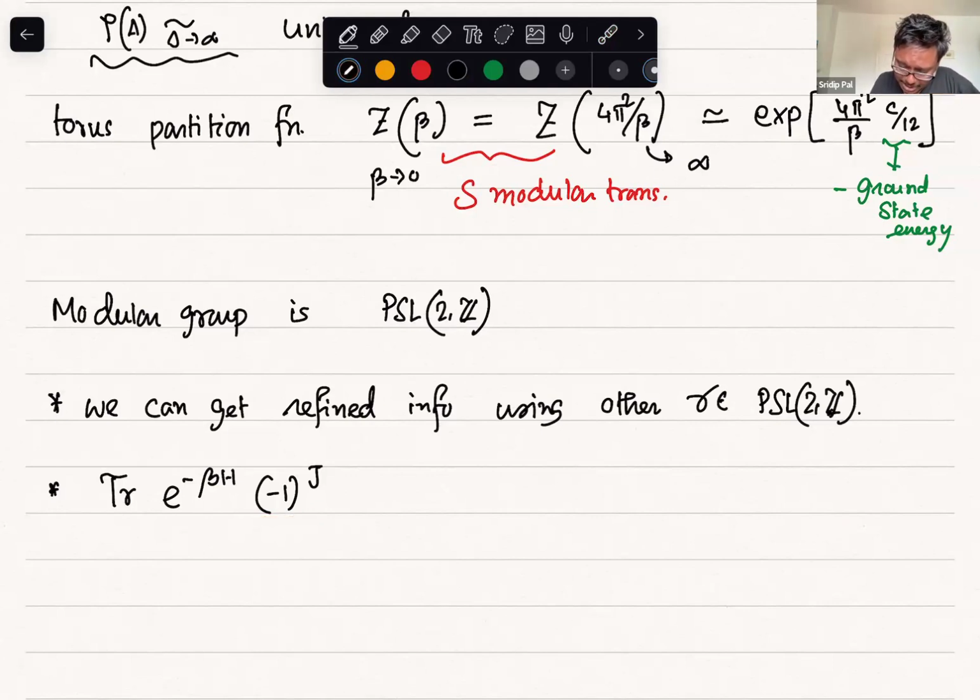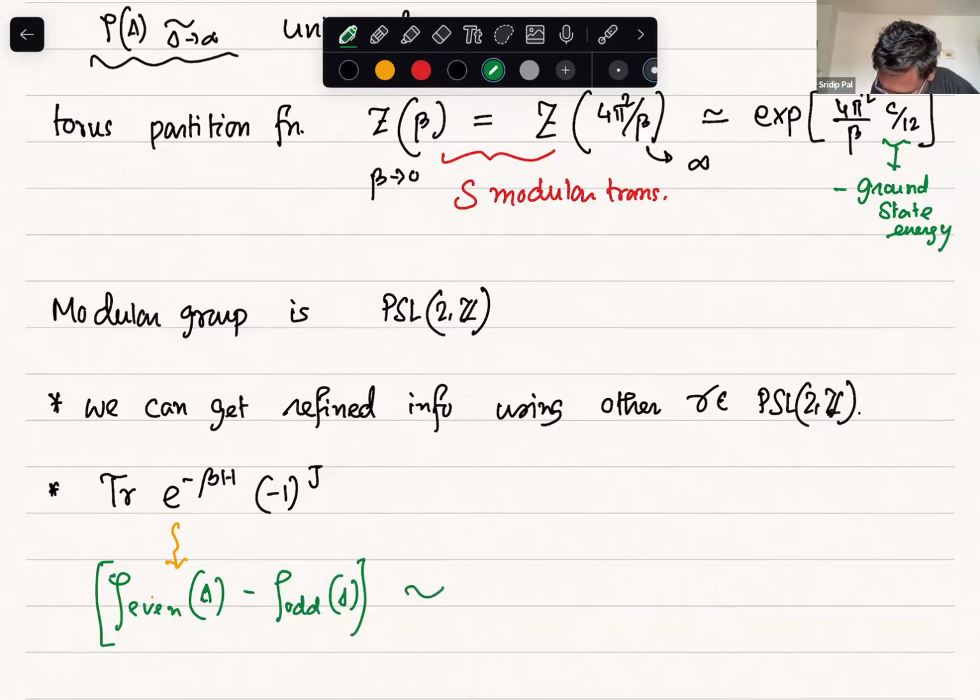So in the microcanonical ensemble, this gives you some information about rho even of delta minus rho odd of delta in the delta going to infinity limit. But for most of the talk, I will not be stating the result in terms of the microcanonical ensemble. I will be mentioning the result in the form of the canonical ensemble.